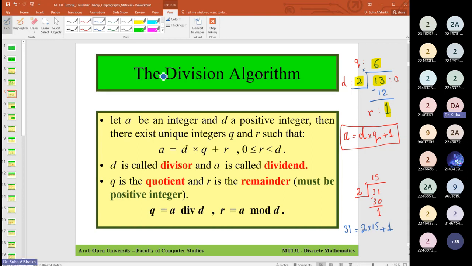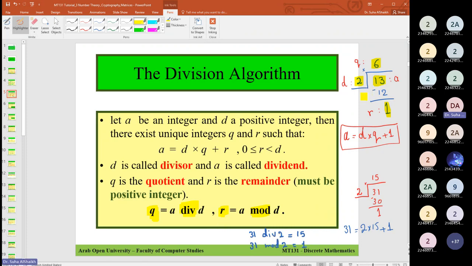Okay? Now the Q, which is the result of the division, we call it div. So the quotient of dividing 31 by 2 is 15. I'm saying that when I do 31 div 2, what's the result? 15. And the remainder of dividing 31 by 2, which we call mod in this case, is equal to 1. So the div is the Q, the quotient, which is the result, and the R is the remainder, which we call the mod in this case. Okay? So this is what we call the division algorithm.